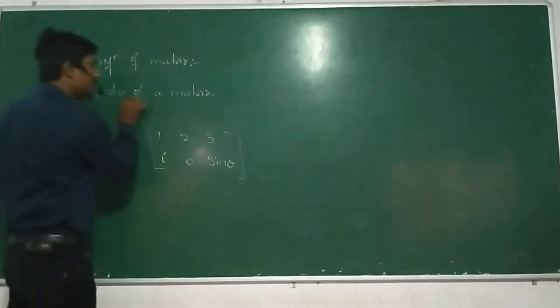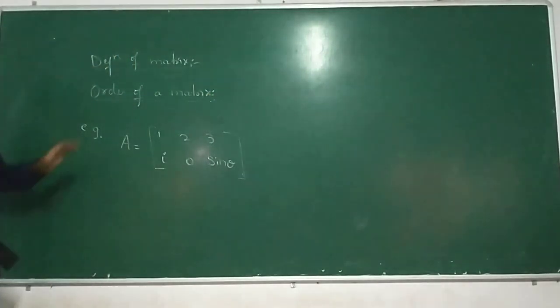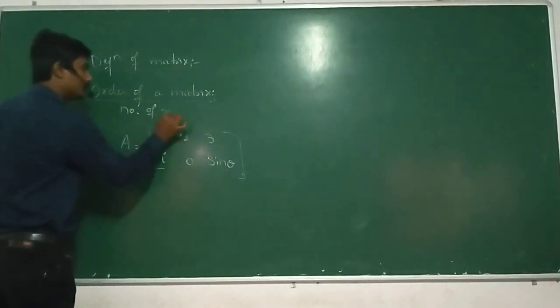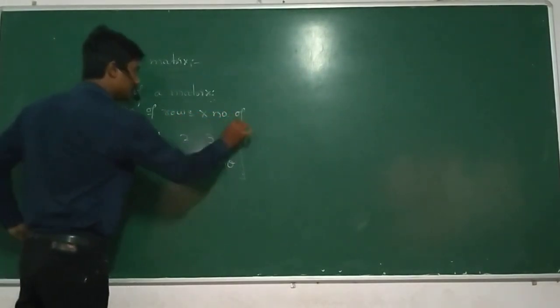Next, order of a matrix. How do we define order of a matrix? Order of a matrix is nothing but number of rows by number of columns.